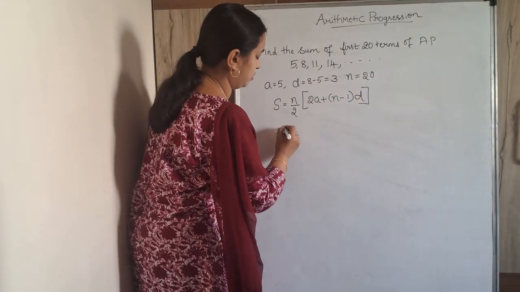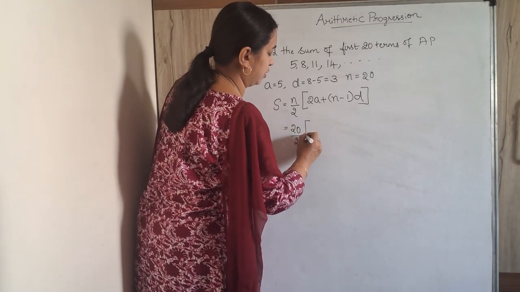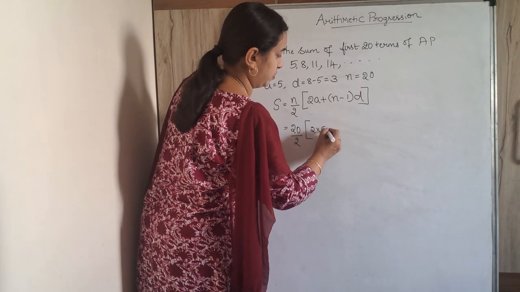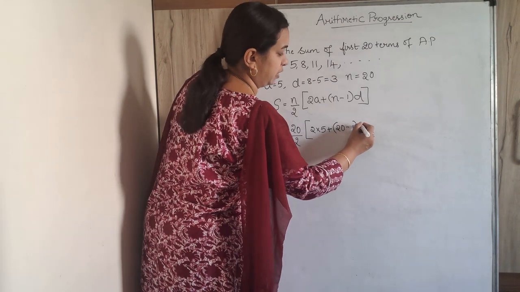Substitute these values here, which will be 20 by 2 into 2 into 5 plus 20 minus 1 into 3.